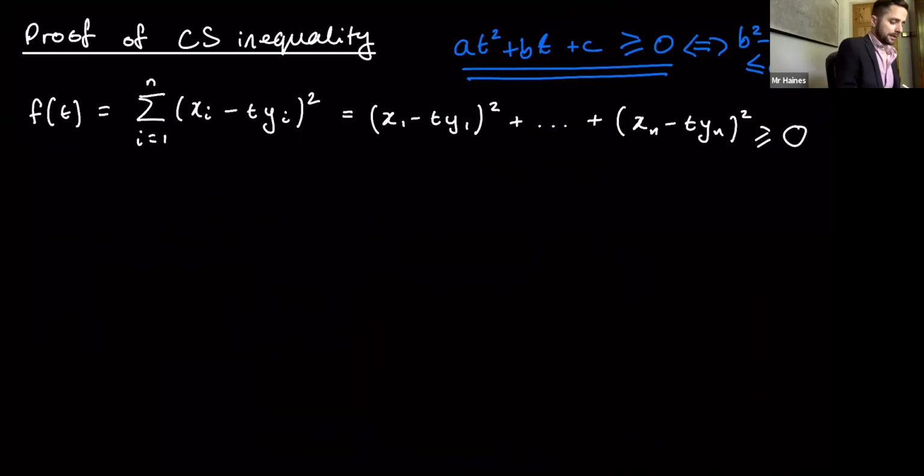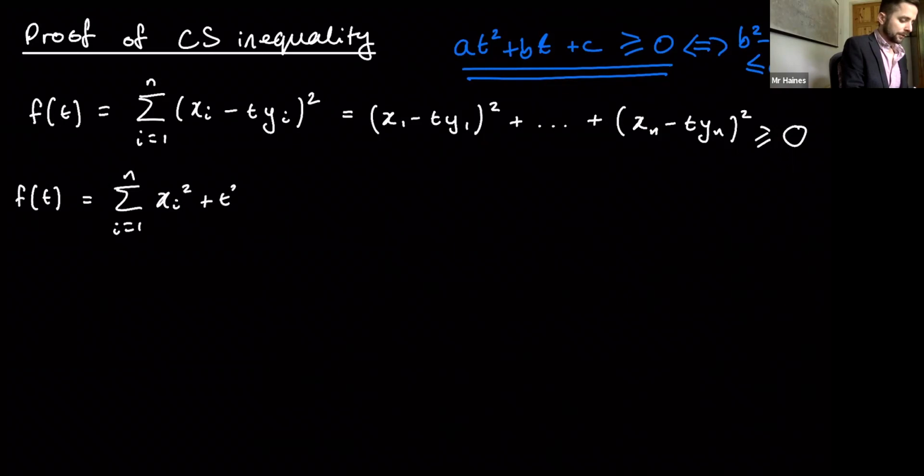Okay. Now what we're going to do is open up each one of those brackets. So in sigma notation, that would look like xi squared plus t squared yi squared plus 2, oh, I mean minus 2 times xi t yi.